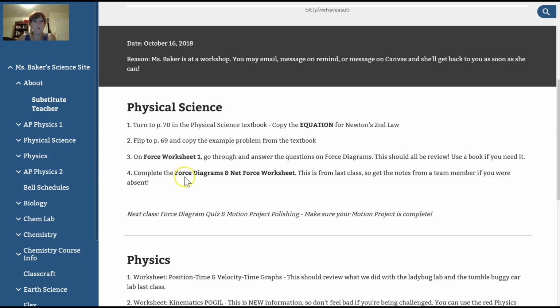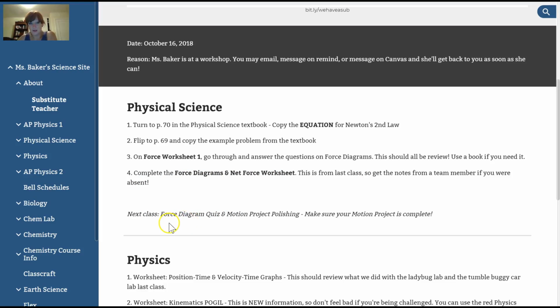Then there is the Force Diagrams and Net Force Worksheet. That one might be a little trickier. You might need the notes from last class, so you can find those from a team member, or I can actually post them here in a minute, because that would have been a better idea. You can check out your notes from last time if you need help with that.